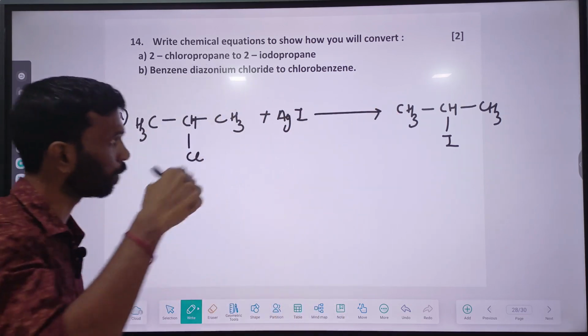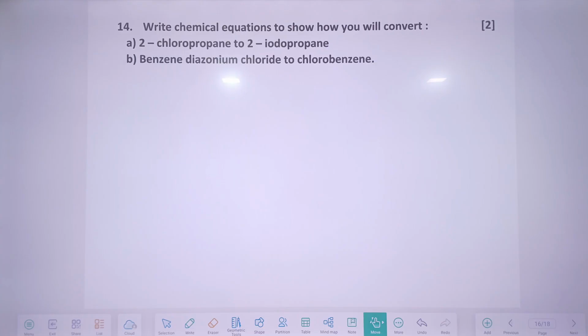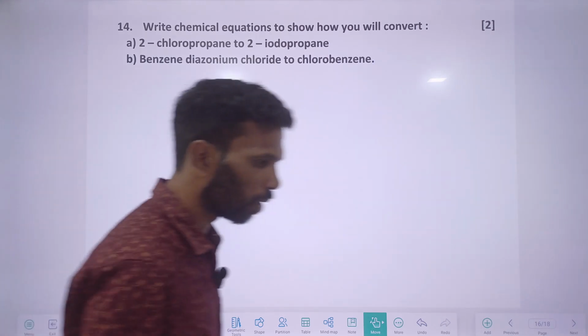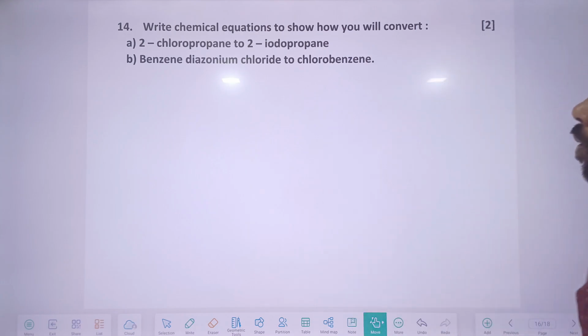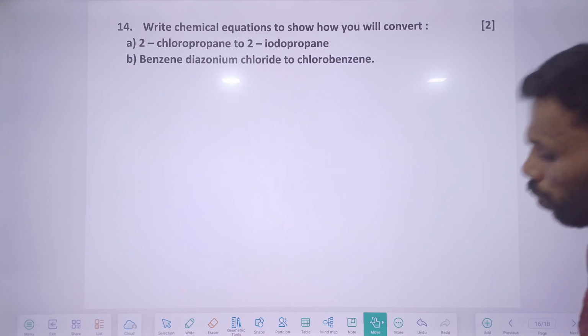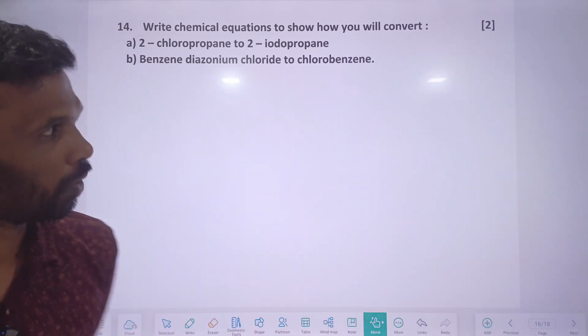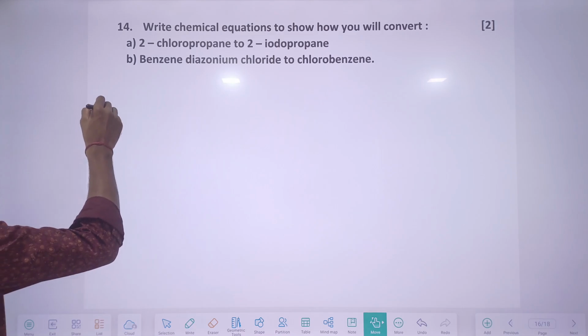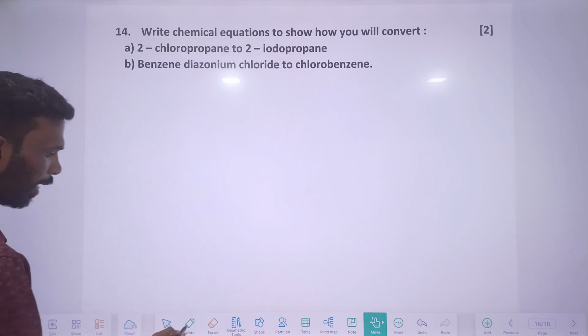Okay, I forgot to mention, this question is for 2 marks. The question asked is, write chemical equation to show how you will convert 2-chloropropane to 2-iodopropane. This reaction is again a halogen exchange reaction.